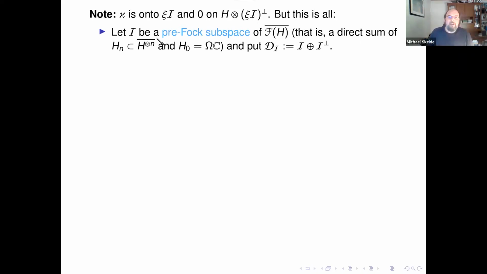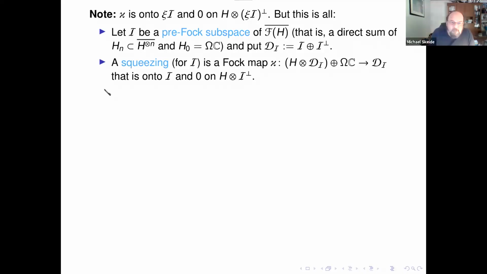If we have a pre-Fock subspace of our completed full Fock space, this means we have a direct sum over pre-Hilbert subspaces of the completed tensor powers here, of course the vacuum, and we define the same sort of dense subspace here, then a squeezing relative to this pre-Fock subspace is a Fock map from this domain into this dense subspace that is onto I and 0 on this subspace.